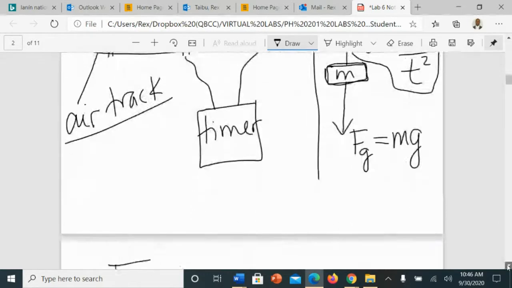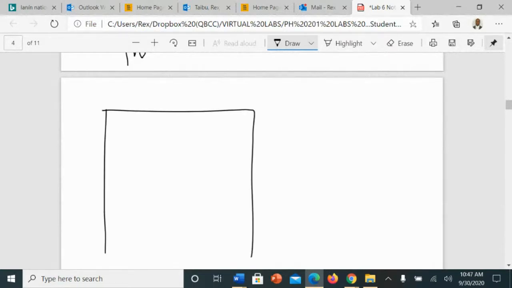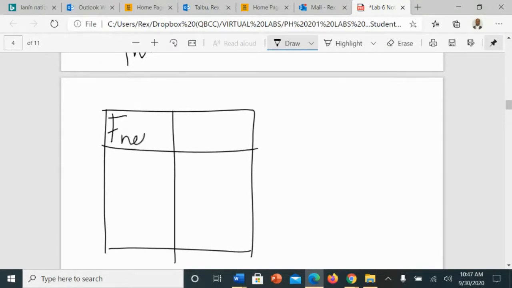So once I do that, I will have my data. I'll just make simple data here. So I will have net force, which is actually the mg, and then I'll have corresponding acceleration, which is twice d over time squared.